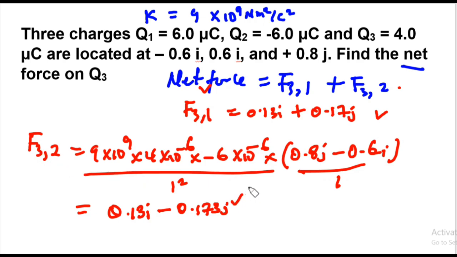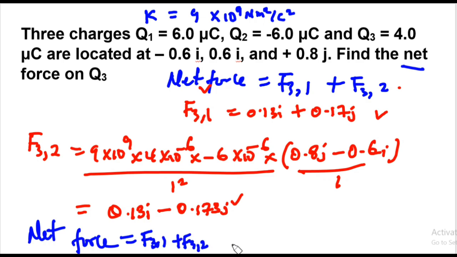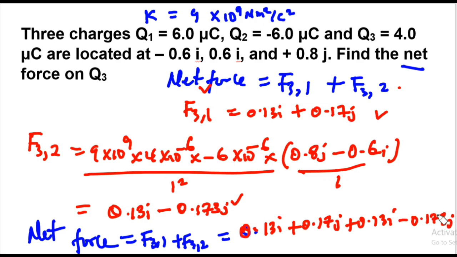So what will now be the net force? The net force will be F31 plus F32, which is 0.13i plus 0.17j, plus 0.13i minus 0.173j. If we put it in 2 decimal places, this is 0.17j.